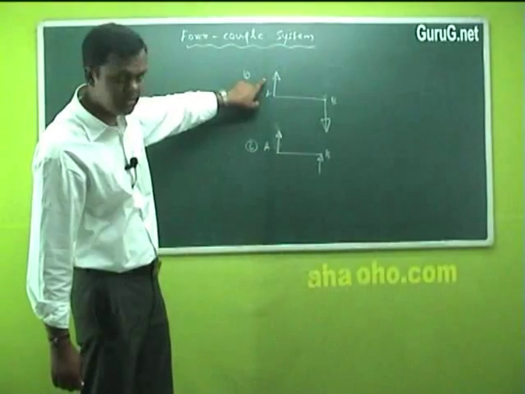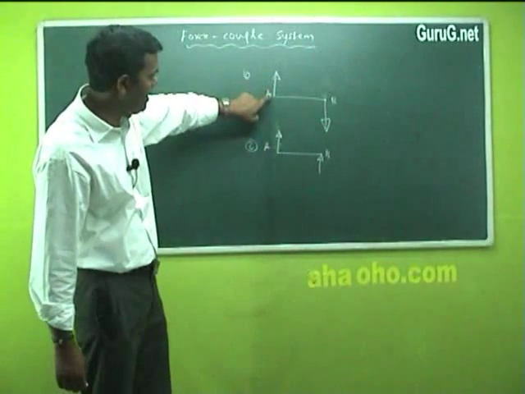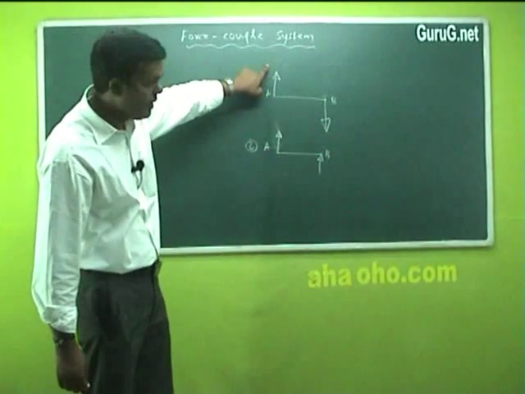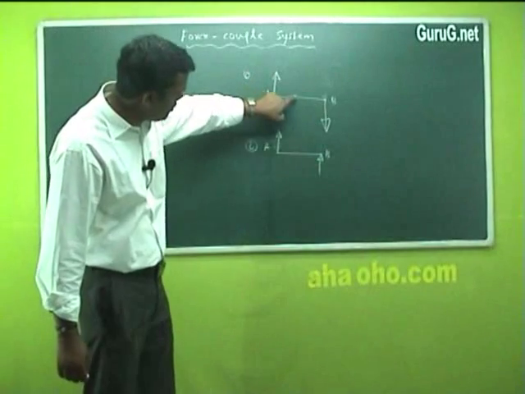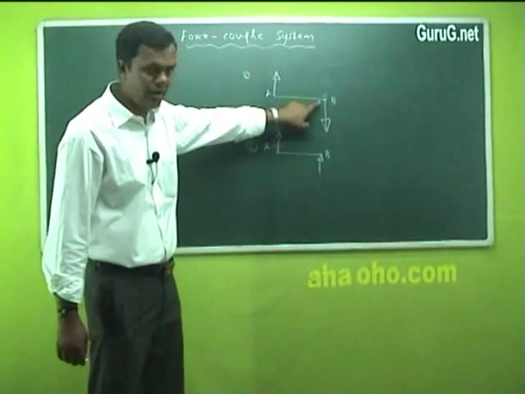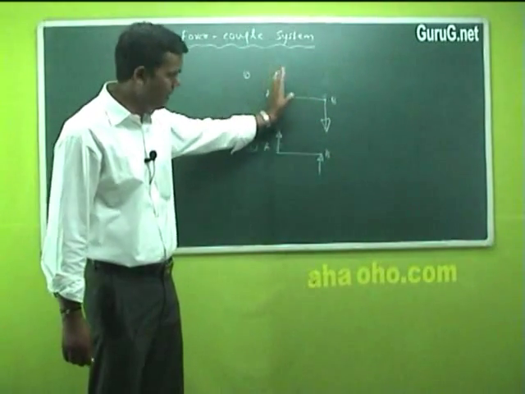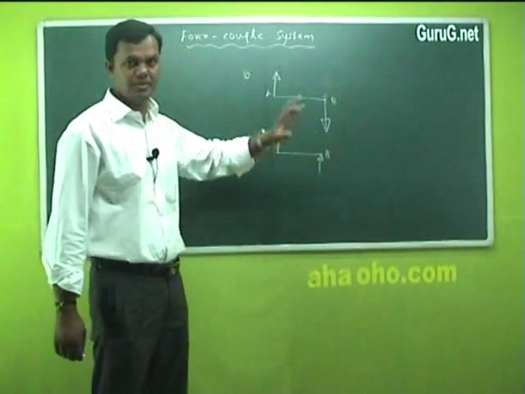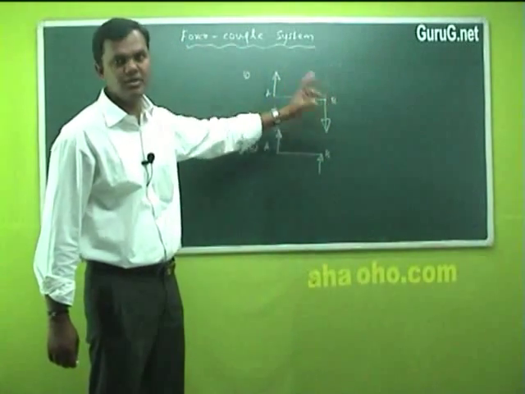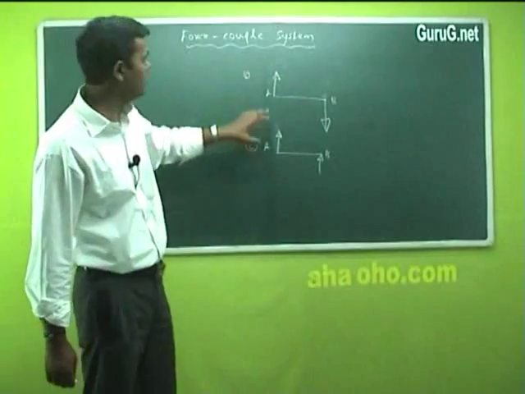In this diagram at point A the force is acting up, and the other force, at any point, should act parallelly but in the downward direction. That means the sense of action is opposite. That's very important to form a couple.